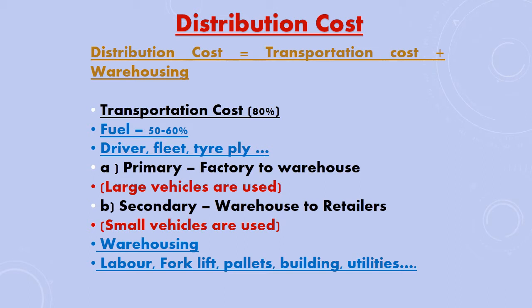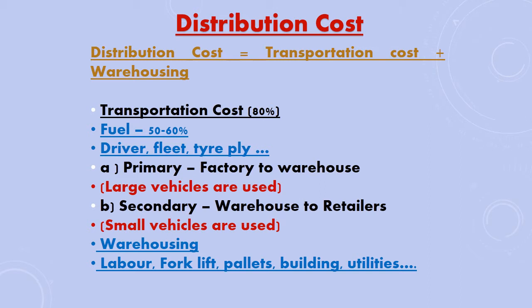And so fuel is around 50 to 60%, and the remaining cost is for the driver costs, driver management, driver arrangements, fleet, tire depreciation, etc. So it comes out to be the transportation cost.